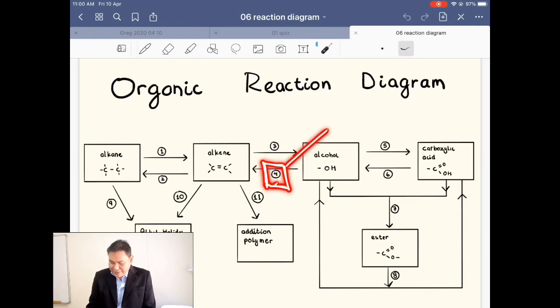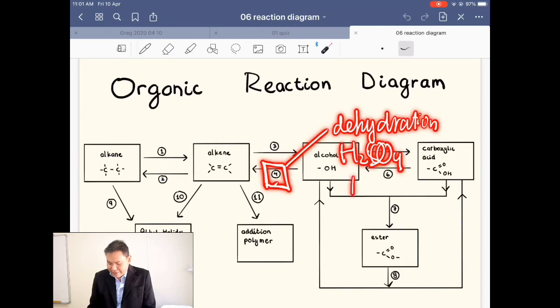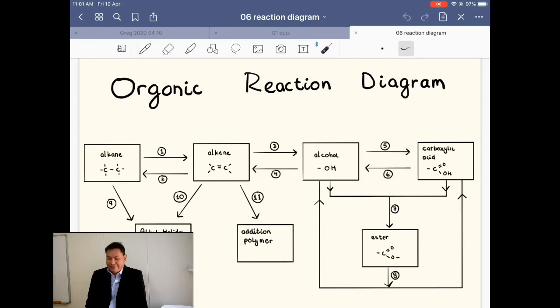is dehydration, with concentrated H2SO4 and 170 degrees Celsius. Yeah. Reaction number 5 is oxidation, from alcohol to carboxylic acid. It's not called a catalyst, it's called an oxidizing agent.